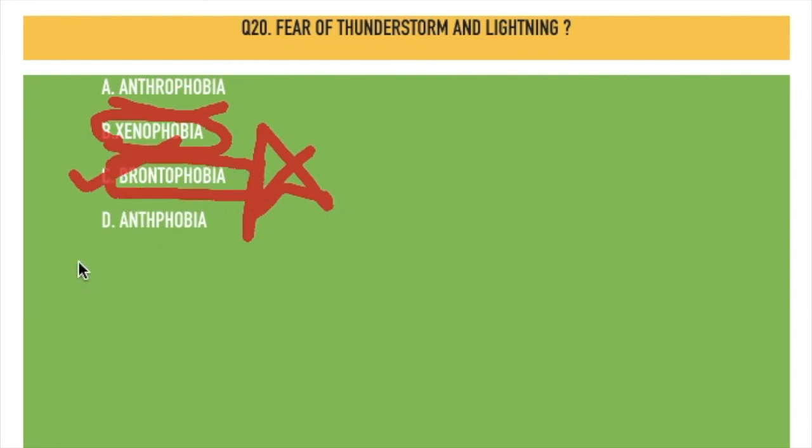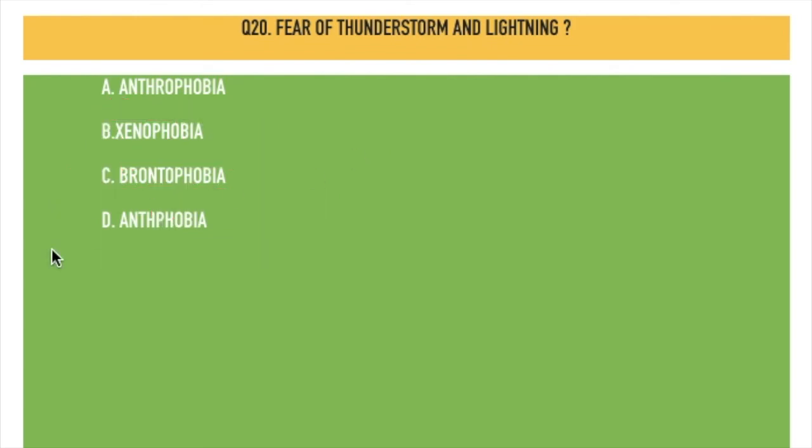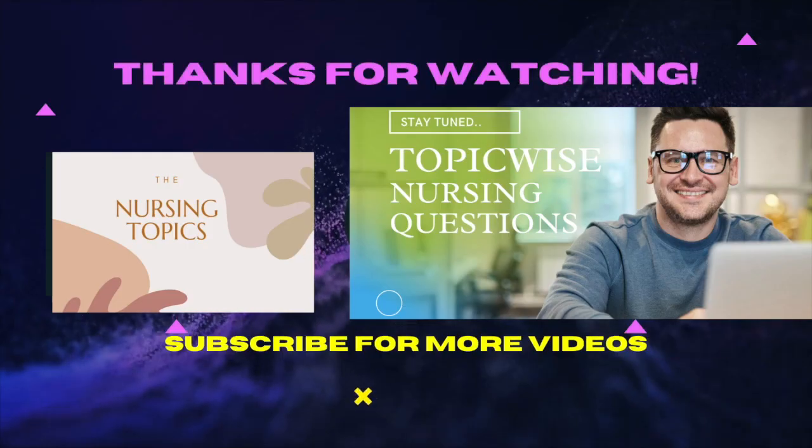And the next one is not anthrophobia, this is anthophobia. Anthophobia is the fear of flowers. So that's it. These are all the 20 questions we have discussed.